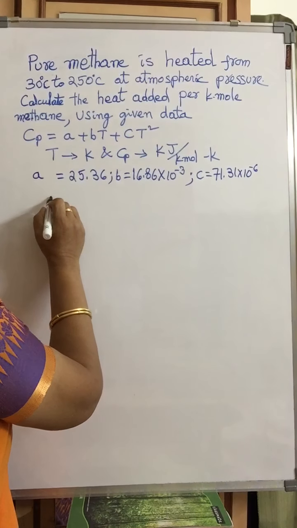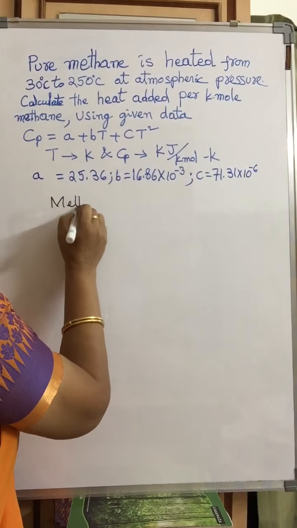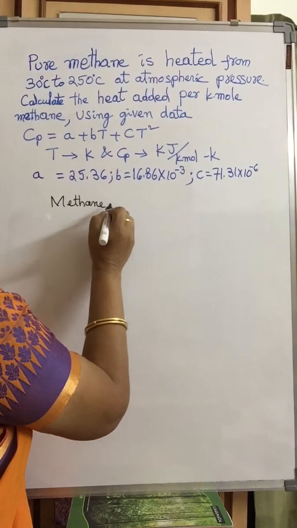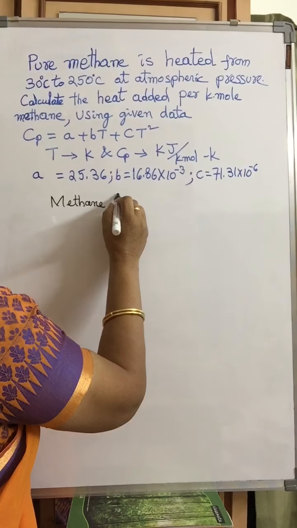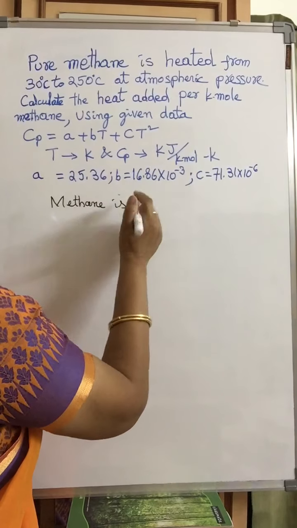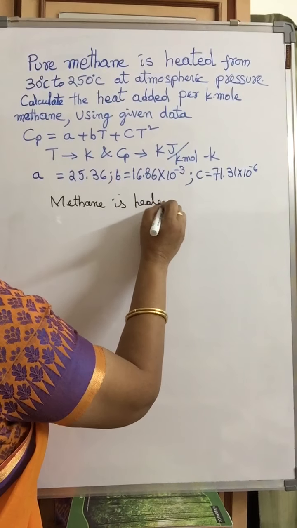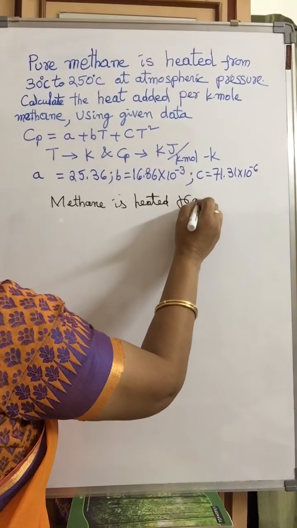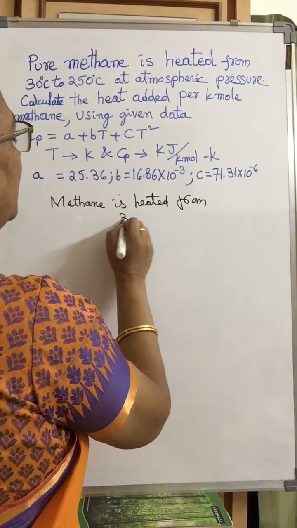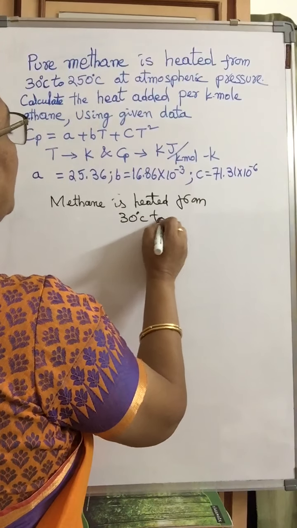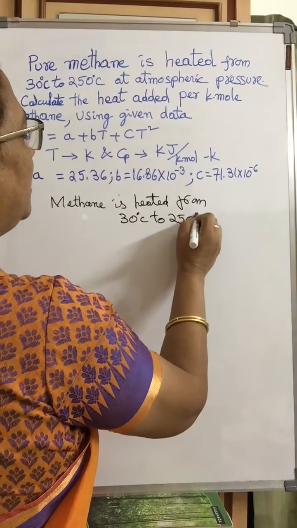Methane is heated from 30 degrees centigrade to 250 degrees centigrade.